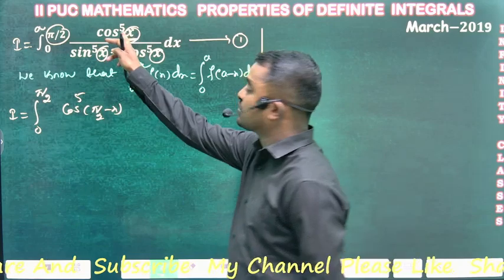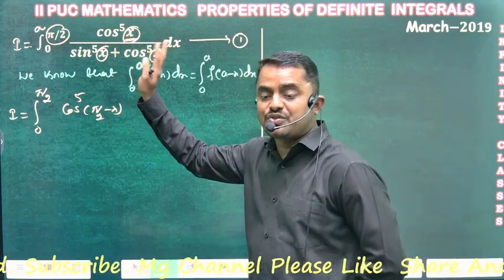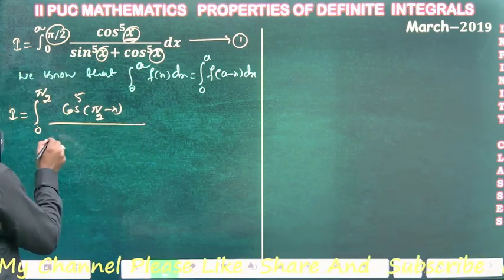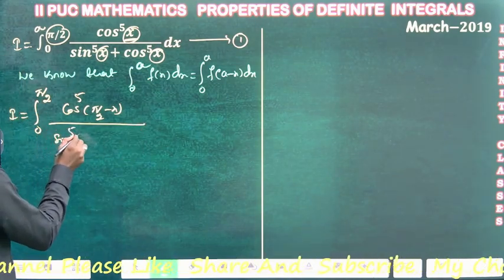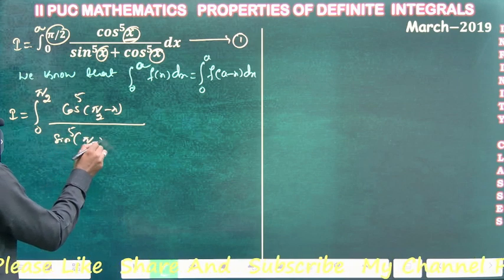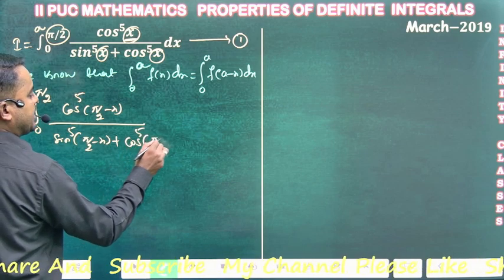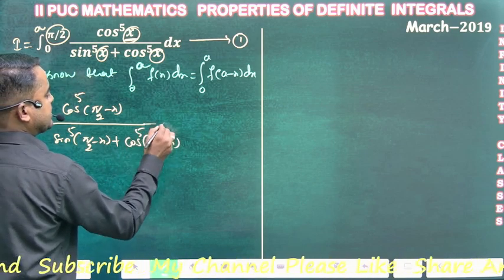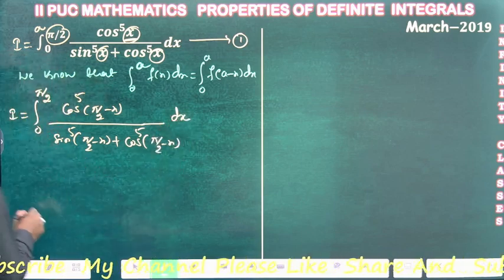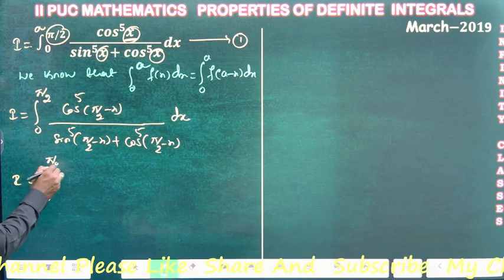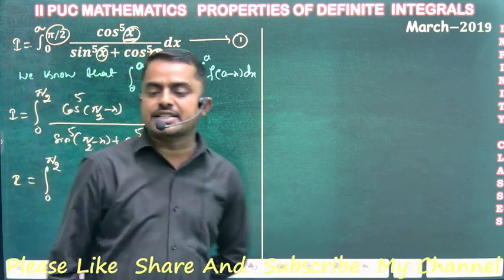Keep cos raised to 5 as it is, divided by sin raised to 5 (pi by 2 minus x) plus cos raised to 5 (pi by 2 minus x) dx. Then I is equal to 0 to 5 by 2 cos 90 minus x.